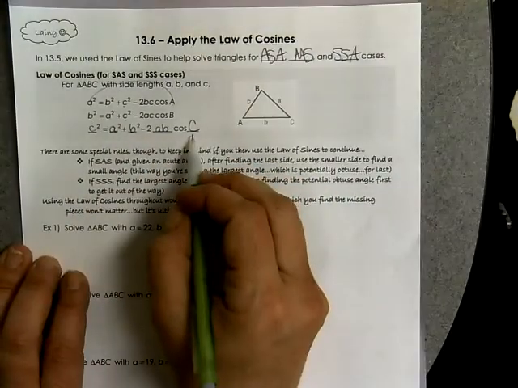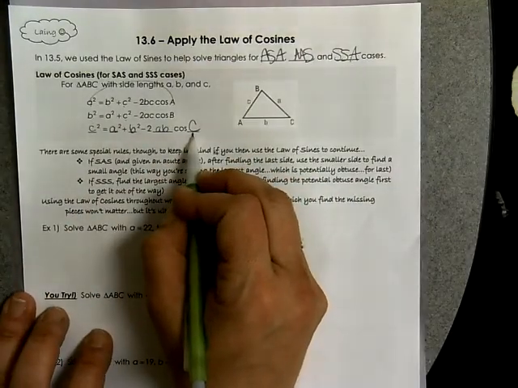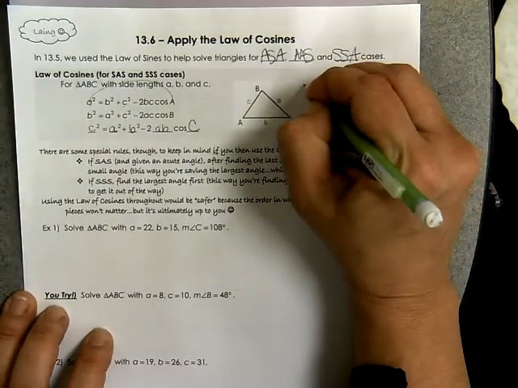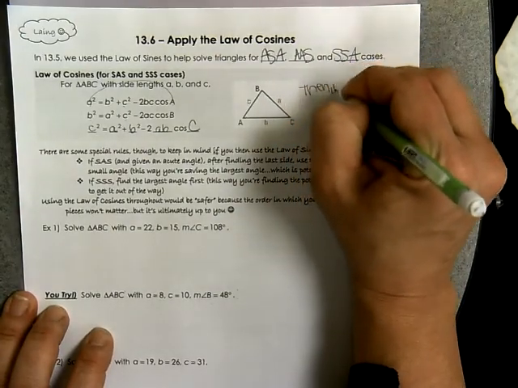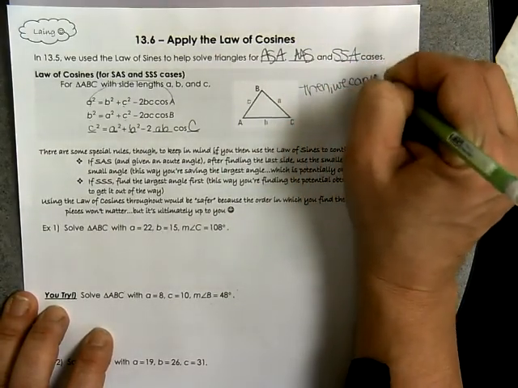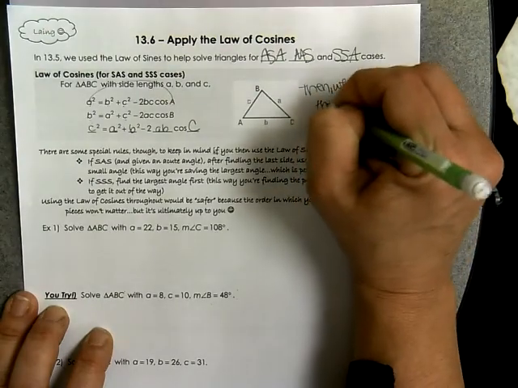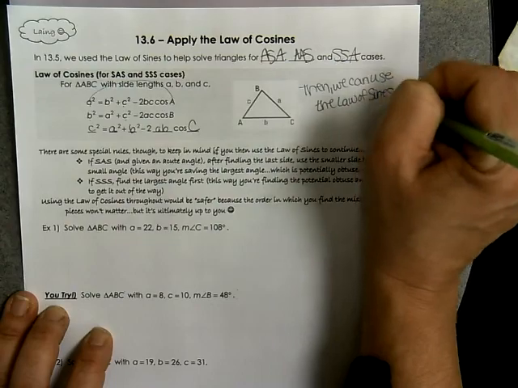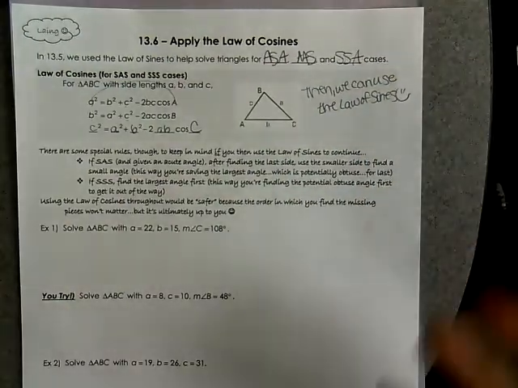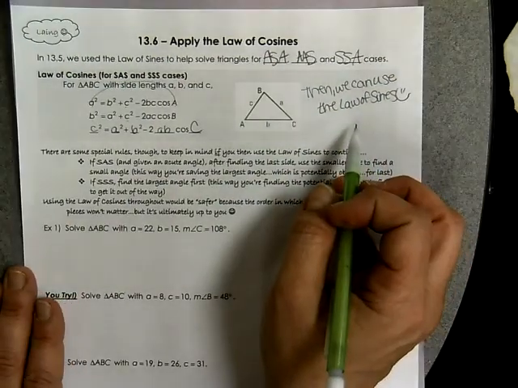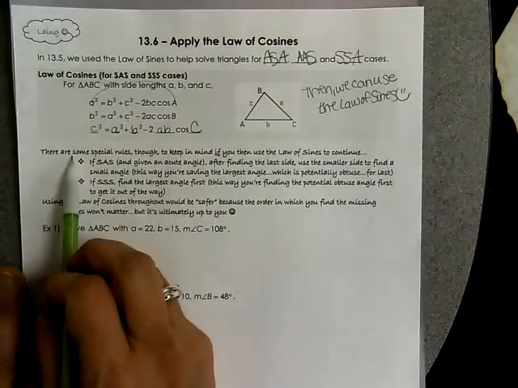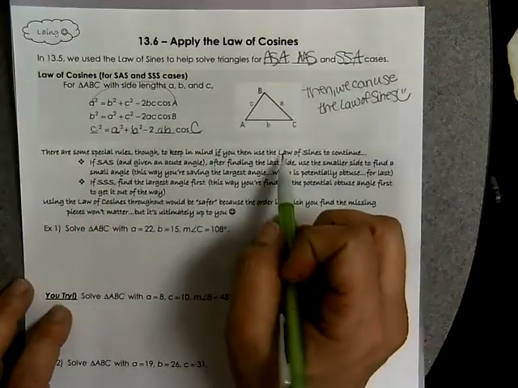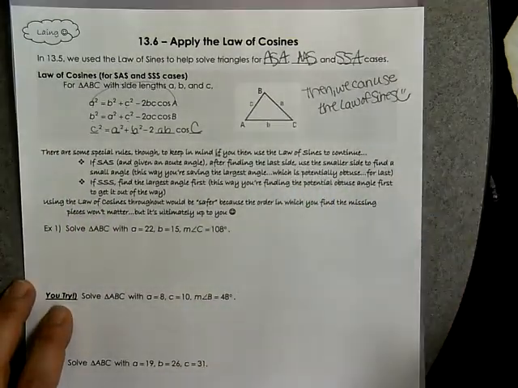Okay, so after we find one of the things with the law of cosines, then we can use the law of sines, which hopefully you've become more familiar with. There are rules, though, that you have to keep in mind if you decide to use the law of sines.